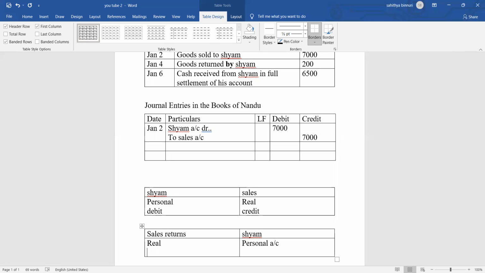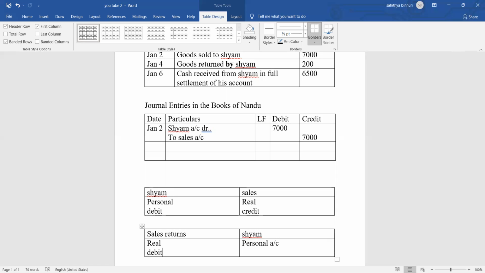When Sham is giving you 200 worth of goods, sales returns are coming to you. And the principle of real account is debit what comes in and credit what goes out. So sales returns are coming to you when Sham is giving back, so sales returns will be debited. And who is giving the sales returns? Sham is giving the sales returns. The principle of personal account is debit the receiver, credit the giver.